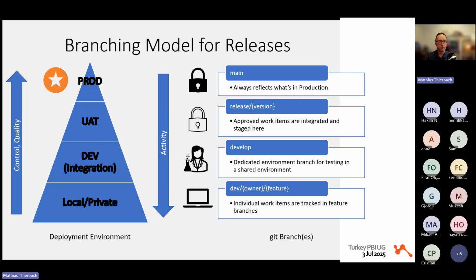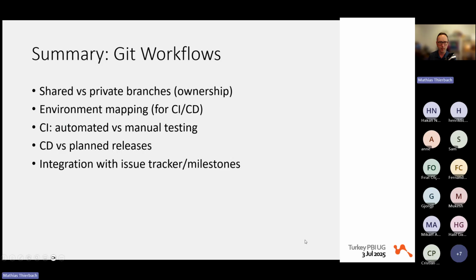The dev team works on integrating their various features on a shared develop branch, and actual development happens on short-lived feature branches, which are owned by individual developers. So here we go. Those are all items I've mentioned before.